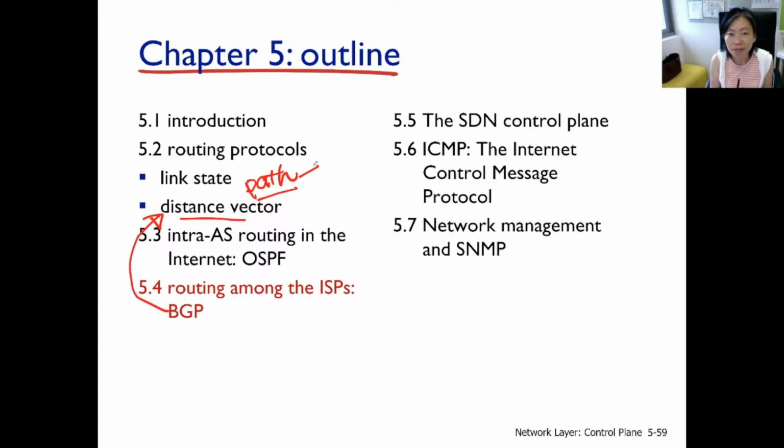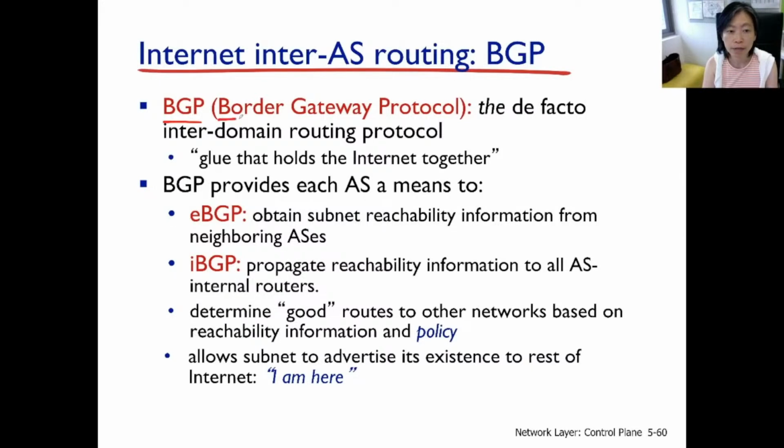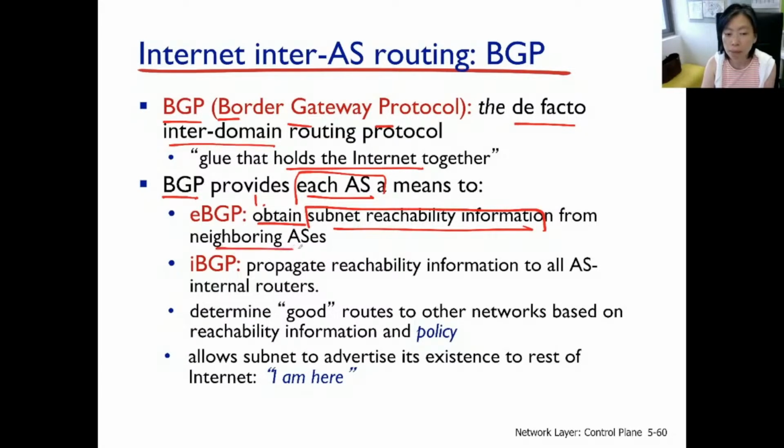So path vector is exactly what BGP, this one and only inter-AS routing, is based on. First, BGP stands for Border Gateway Protocol. And once again, it is the one and only inter-AS routing protocol that's holding the internet backbone together. To be more precise, it allows each AS the following. First, it allows the gateway router of the AS to receive subnet reachability information from the neighboring ASes.